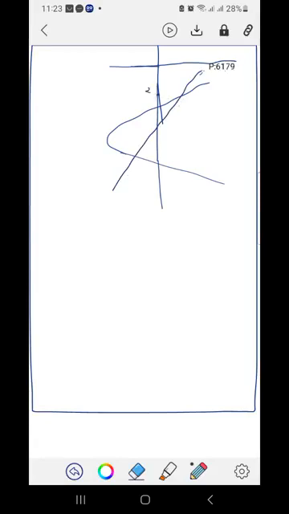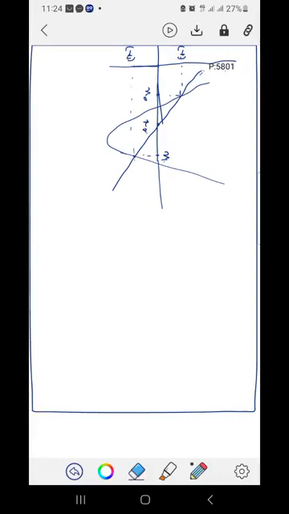I call this place x naught, and when it comes to this place, this one will become f(x naught). Then I call this place x1, so that this place will be f(x1). Now I call this place where this line crosses the x-axis x2. I think we all remember that.